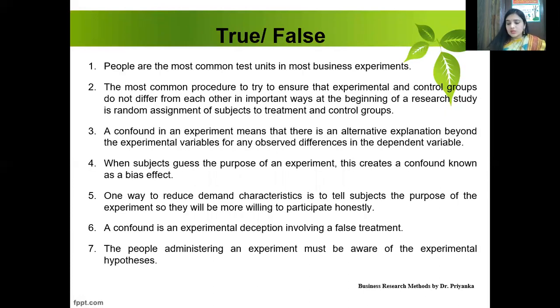Some true false. This is all about internal and external validity. Number 1, people are most common test units in most business experiments. Yes, people are actually the most common units, be it an HR manager, be it managers of the company, be it a random population, be it some voters, be it anything.